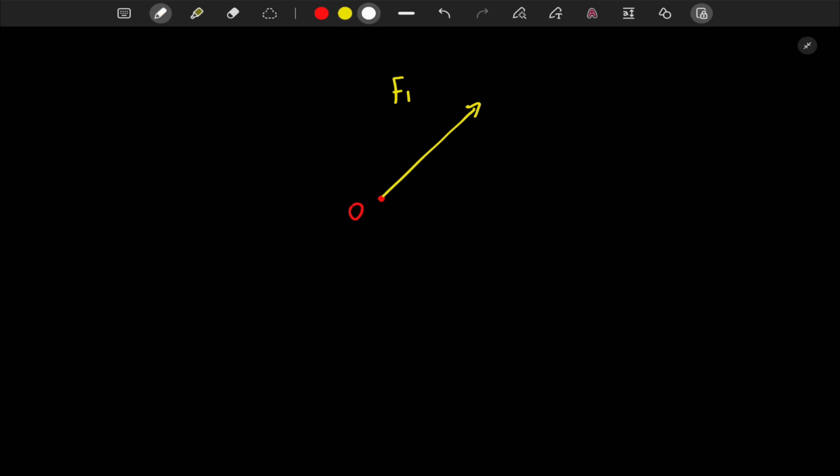There is another force acting on this point, F2, pointing in this direction. So how do we find the resultant force, which will be something like this?